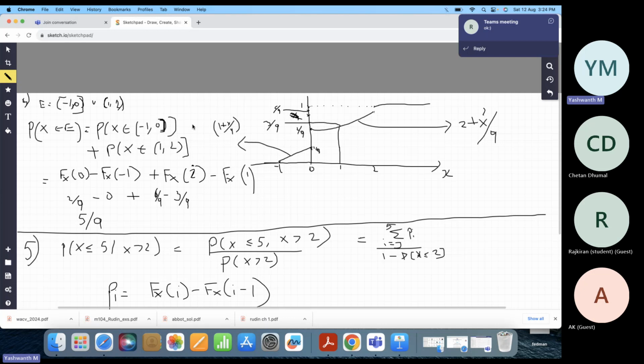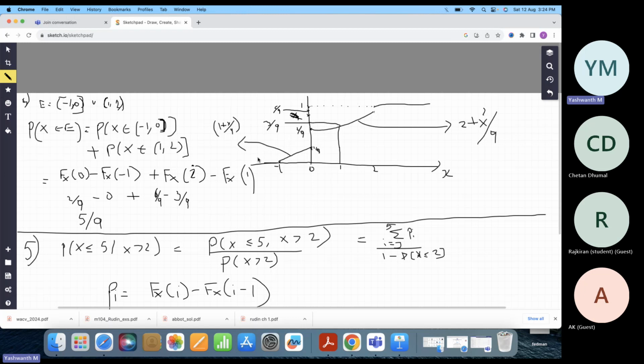So you have to be careful while dealing with densities where there are discontinuities. Here, at 0 you are taking 2 by 9, but at 2 you are taking 6 by 9, not the other value.